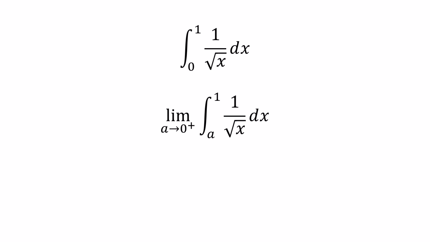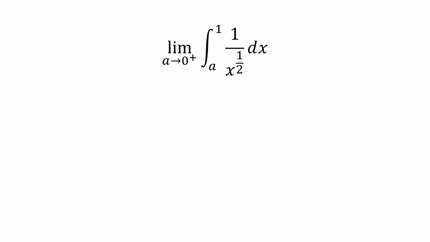Rewriting the root in terms of fractional exponents, we obtain the limit as a approaches 0 plus of the integral from a to 1 of 1 over x to the 1/2 dx.